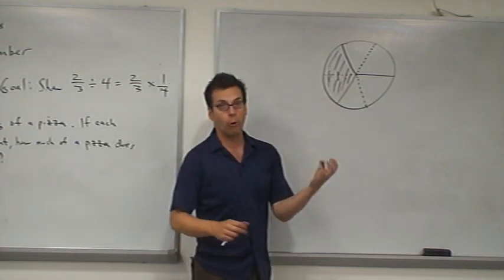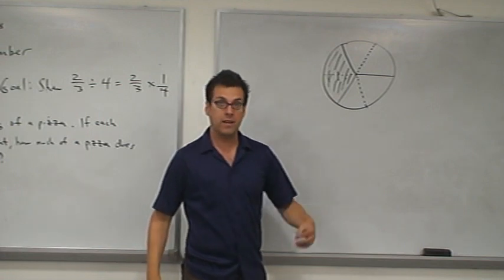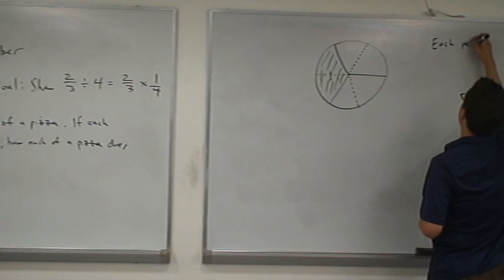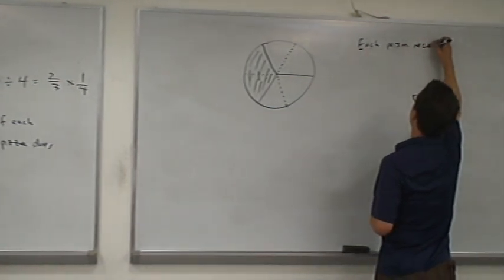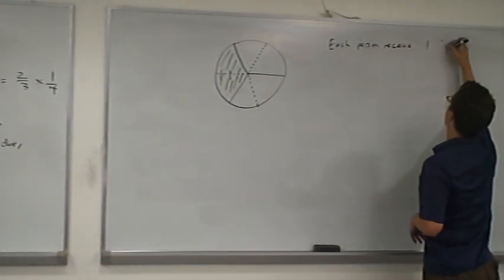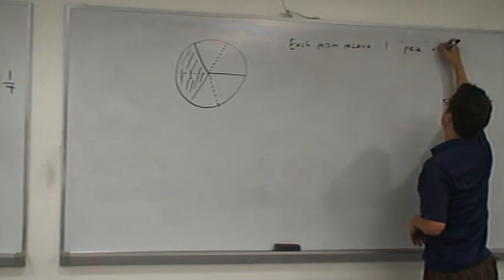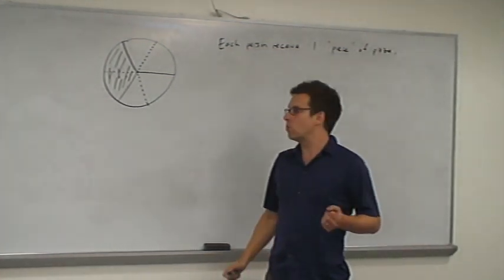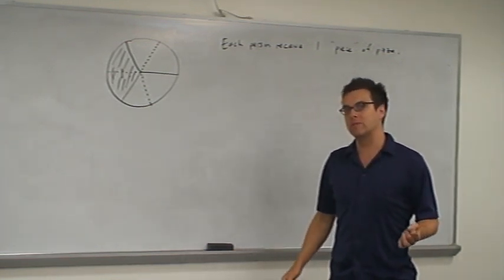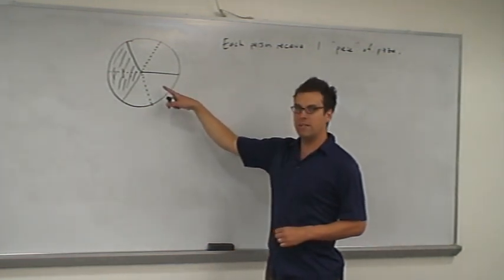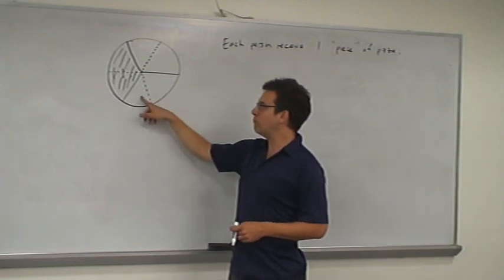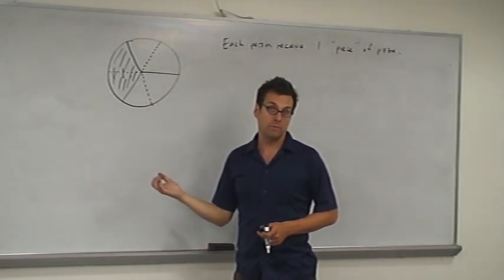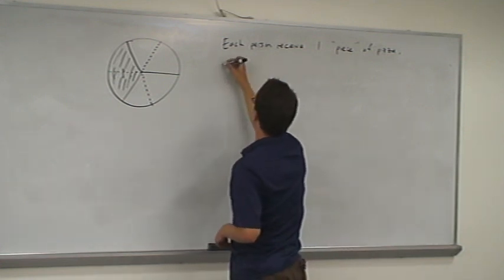Because now there are 4 pieces of pizza, so each person is going to receive 1 piece of pizza. But in terms of fractions, what does 1 piece of pizza represent? 1 piece of pizza represents 1/4 of the 2/3 of the pizza that was there originally.